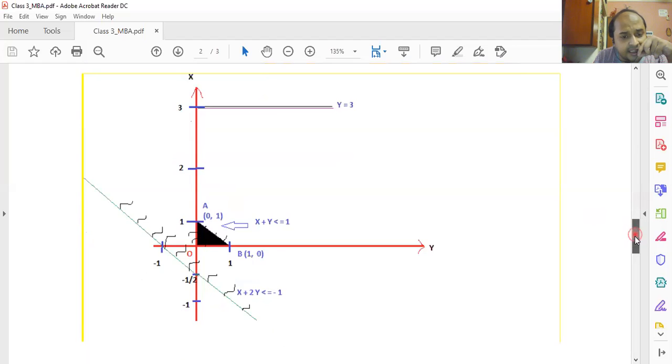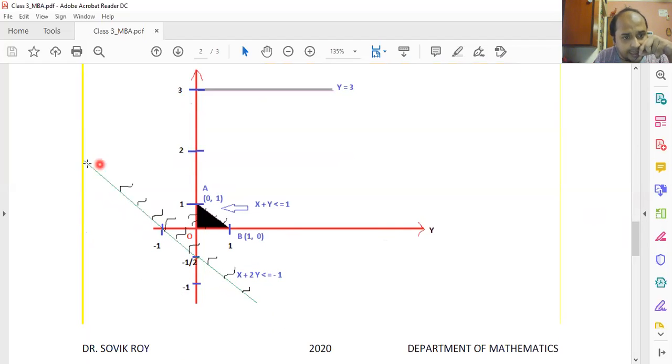But if I consider the first two equations, the region bounded by the green colored portion and the region bounded by x plus y equals 1, you will see that if you draw this with a pencil, some portion will cut the black portions also.